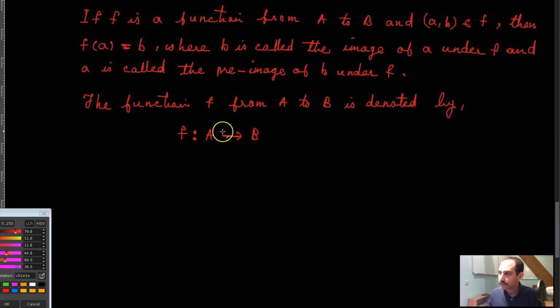Looking at the previous examples, we can easily see that the relation in example number 7 is not a function, because the element 6 has no image.